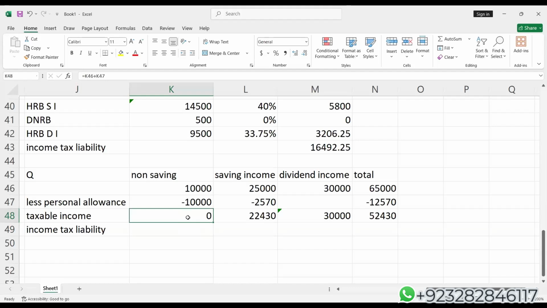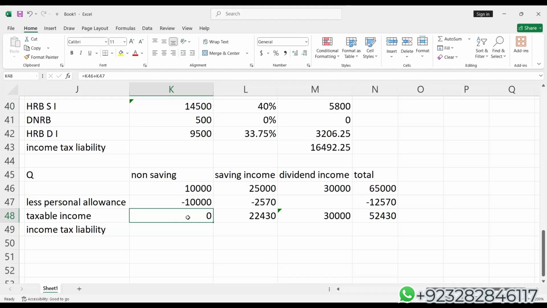So now we have to start from the saving income. When it comes to saving income, first we will get the starting rate band. Previously, why were we not getting the starting rate band for the saving income? Because previously taxable income in the column of non-saving was more than £5,000.